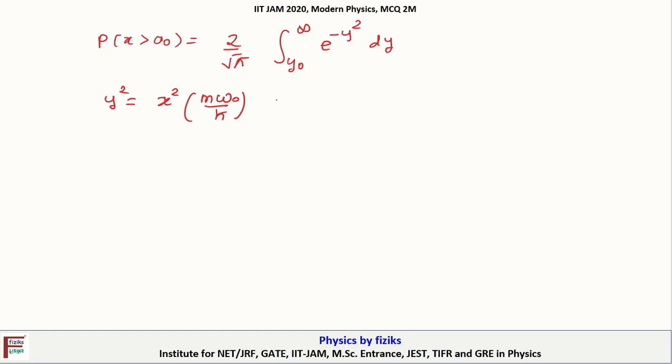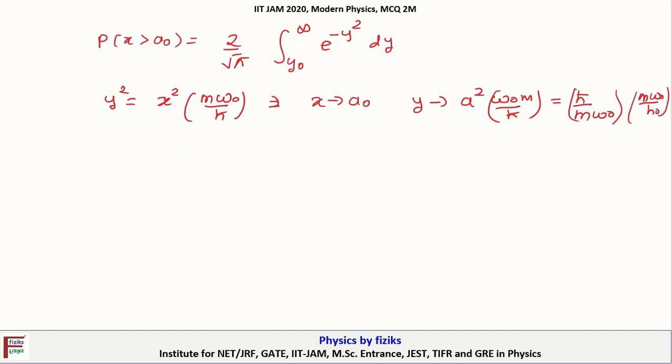When x approaches a0, y0 tends to a square omega naught m by h cross, and a was having the value h cross by m omega naught, into m omega naught by h cross.